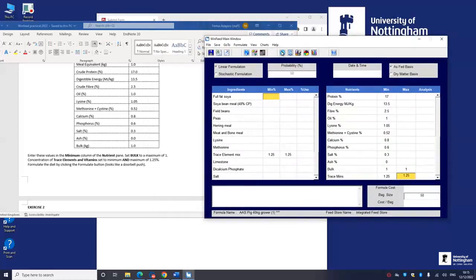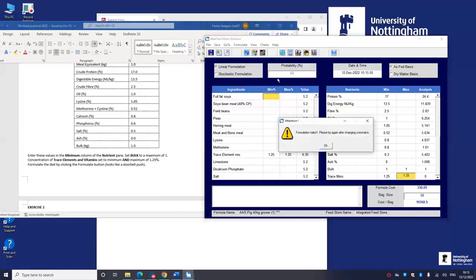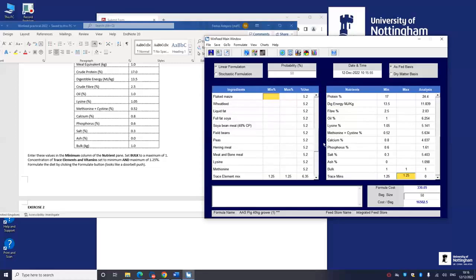And then I can push the button to formulate. Are you following me, guys? If everything goes well, it should formulate something for me. It said formula failed.